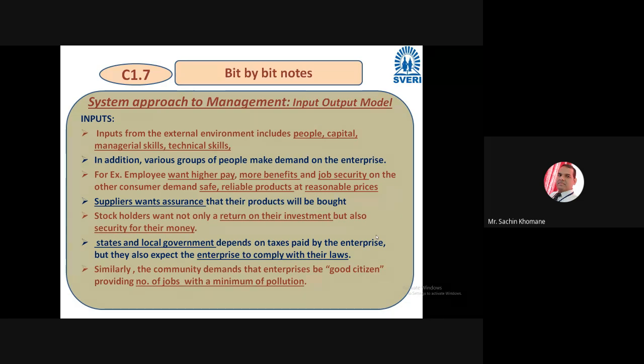Okay. If no input, then we'll proceed to the transformation process. What exactly it is, and then we'll see output.